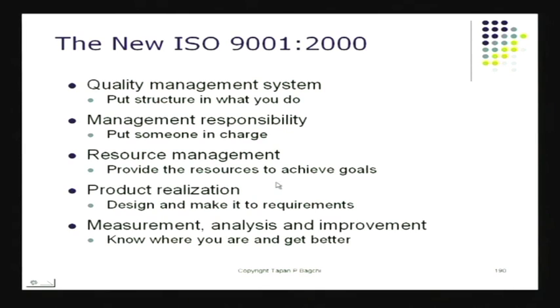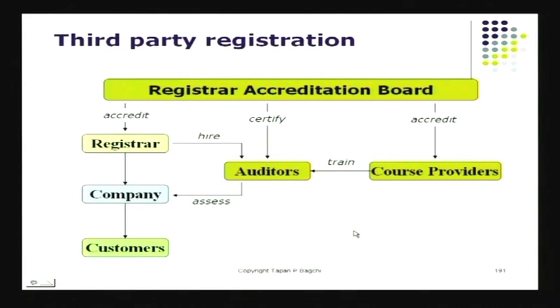It wanted to make sure resource management was there, and product realization. So it wanted to make sure design was done right, and measurement, analysis and improvement. These were also built into the quality management standard ISO 9001. This was actually not there in the initial one.